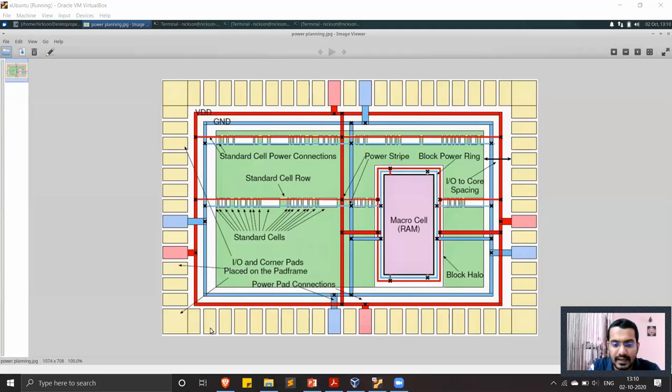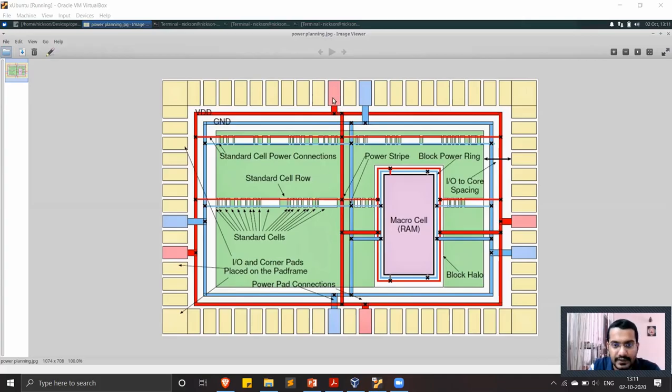These are the IO pads and the ground and power pads, and the square ones which you see are the corners. As the name goes, it is the corner pad. So there are 4 corners and 4 corner pads, one for each corner.